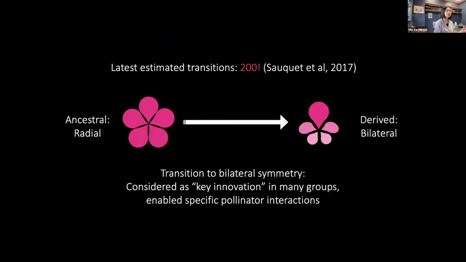The transition from radial to bilateral was also considered a key innovation in many species-rich groups like orchids and legumes, because people think that this change in floral form enabled very specific pollinator interactions. So this is also an ecologically very important trait.